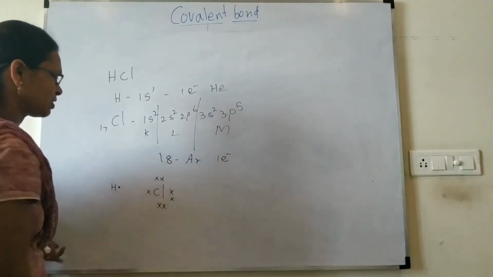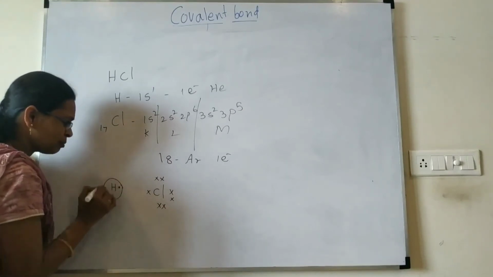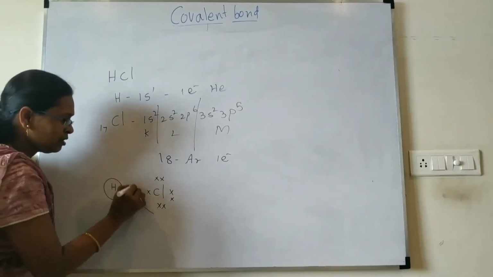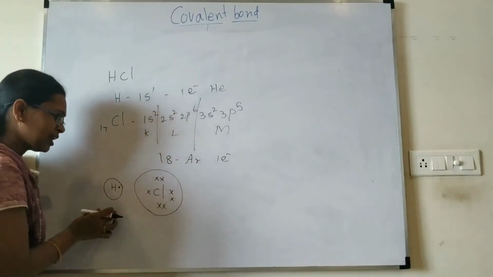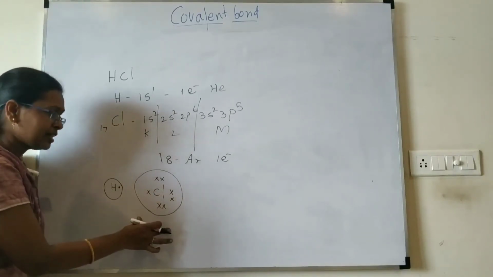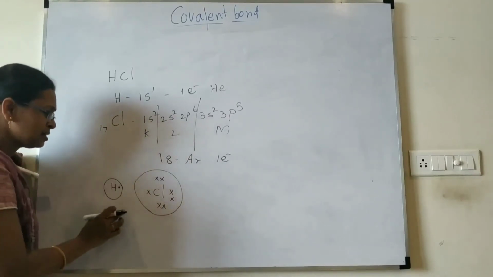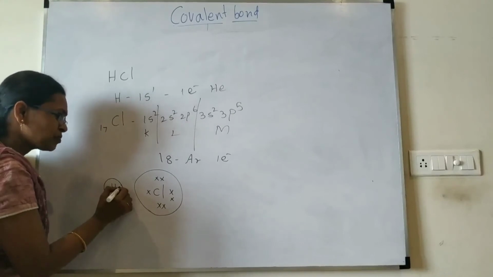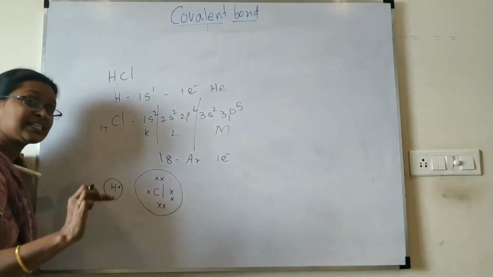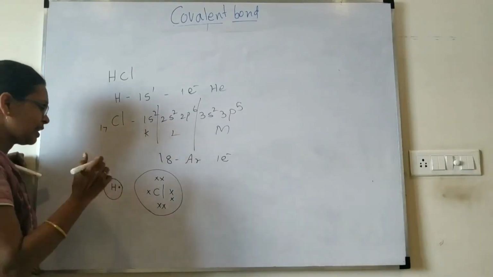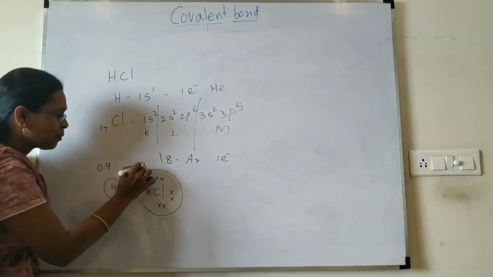Hydrogen is the smallest atom, and chlorine is bigger compared to this. Hydrogen has atomic number 1, and chlorine has 17 electrons, of which 7 are in the valency shell. Here the two atoms share electrons, and the electronegativity values are 2.1 and 3.0.